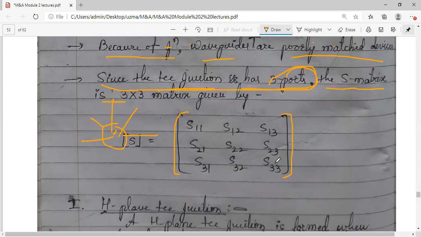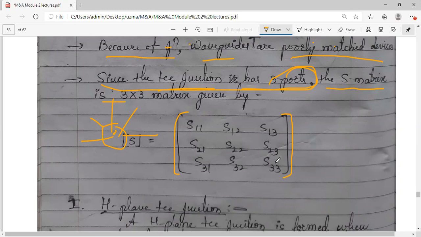So the questions may be like: explain the H-plane T junction, explain the E-plane T junction, or derive the S matrix for these junctions. Sometimes the question is formulated as: derive or prove that the H-plane T junction or E-plane T junction can be used as power splitters, power combiners.